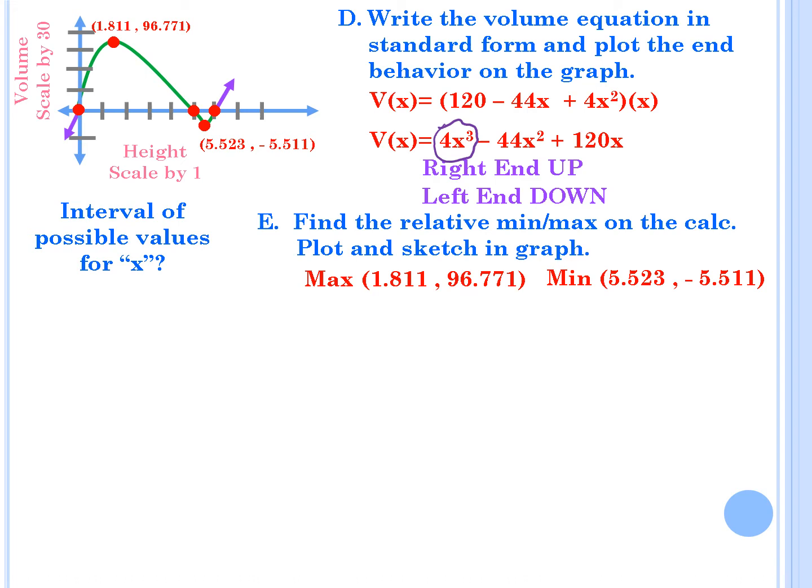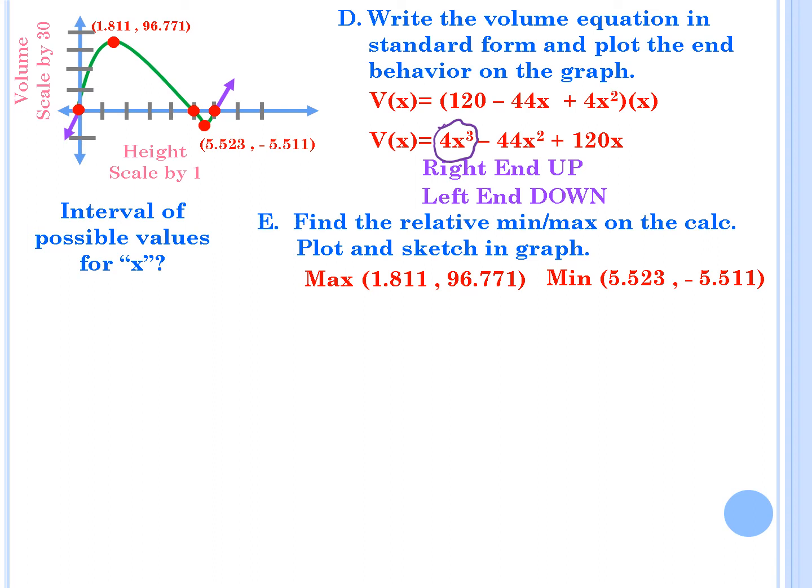So this asks the question, what is an interval of possible values for x? Well, this curve represents the volumes that are created by taking different side lengths of x off from each corner. So x also represents the height of your box.